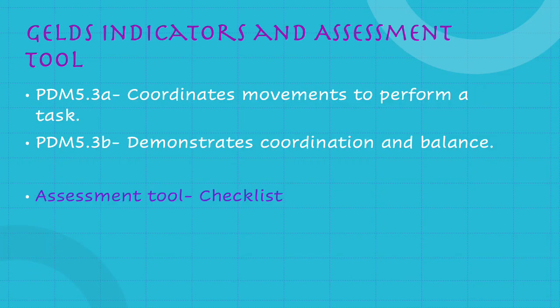The JELDS codes for this are PDM 5.3a, coordinates movements to perform a task, and PDM 5.3b, demonstrates coordination and balance. The assessment tool that I've included is a checklist.